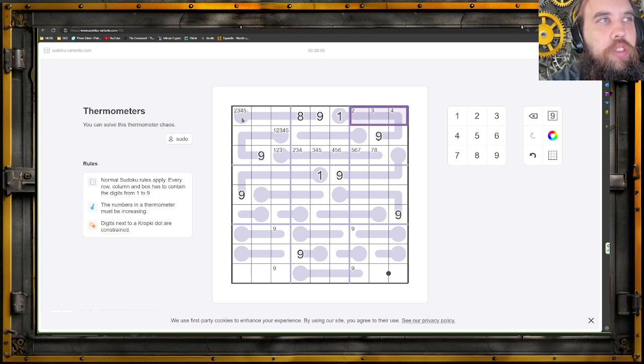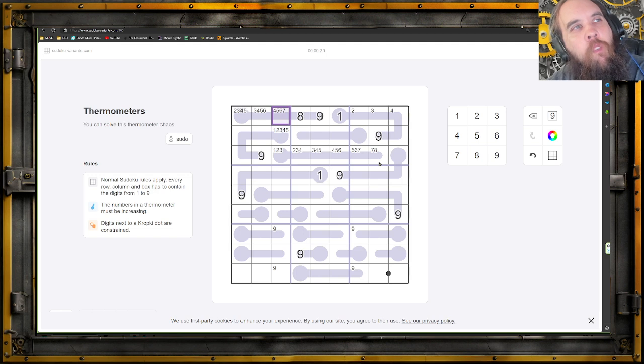So as I said, this was 2 through 5. This is 3 through 6, and this is 4 through 7. These are a little bit more reasonable numbers to deal with. Yeah, this 2 to 6 still sucks.